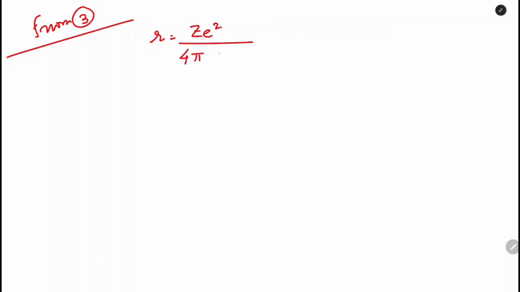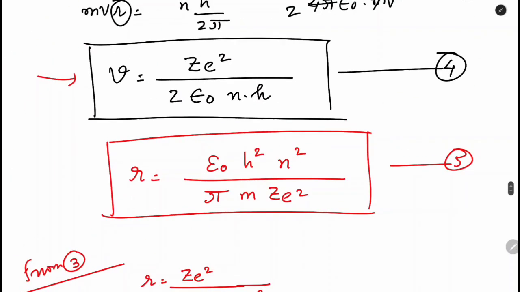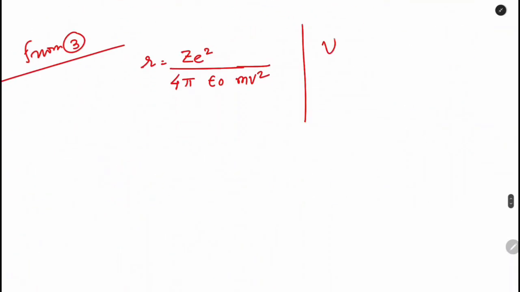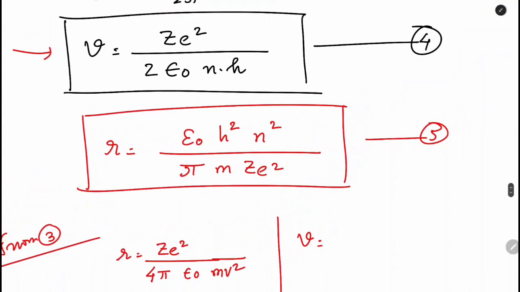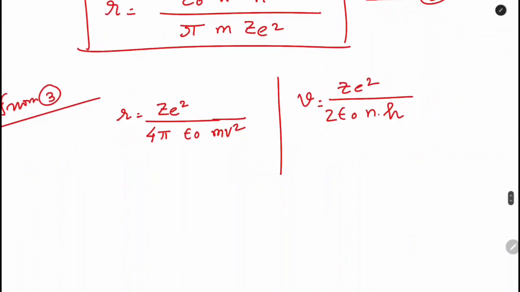From equation 3, what do we have? We have r is equal to Ze² divided by 4πε₀mv², and we have the value of v here. What is the value of v? Which is Ze² divided by 2ε₀nh.